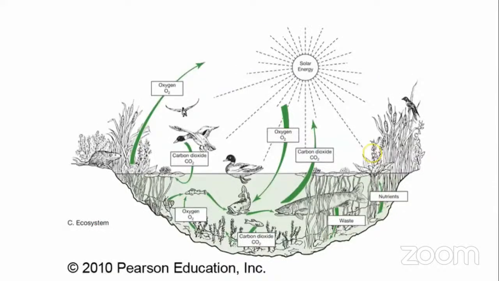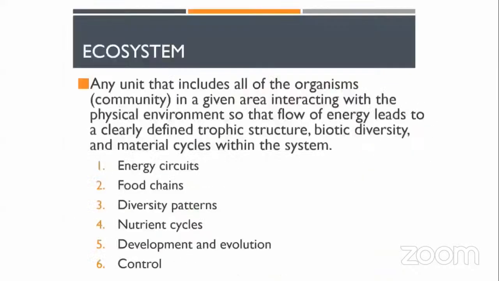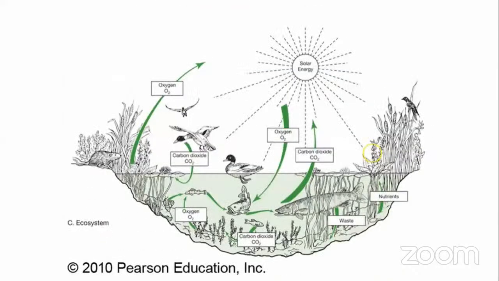You can see this third one is the ecosystem. It is the same diagram as for the community, but in addition we now have the source of energy, oxygen, and carbon dioxide. All of it together forms the ecosystem.